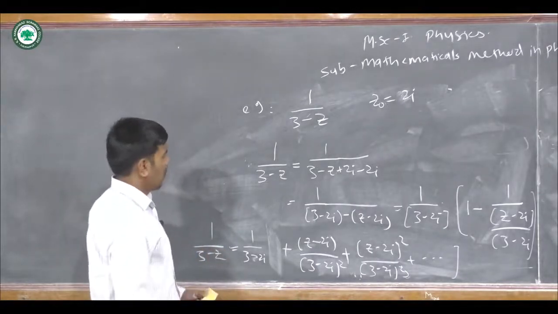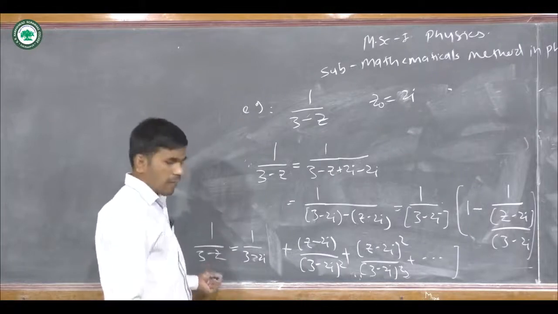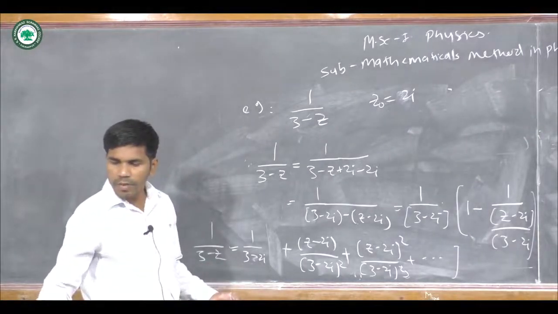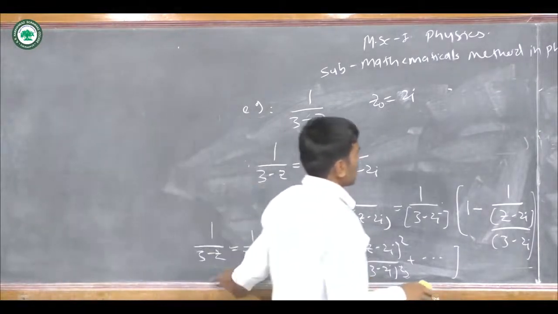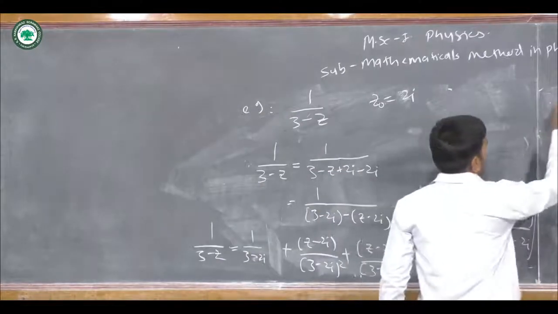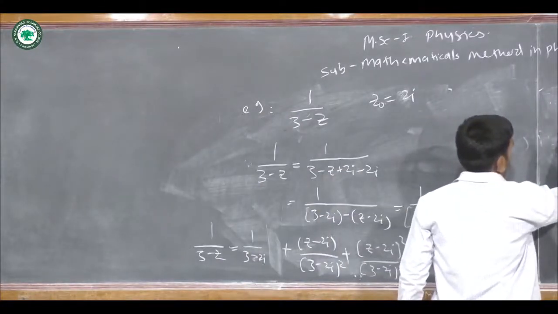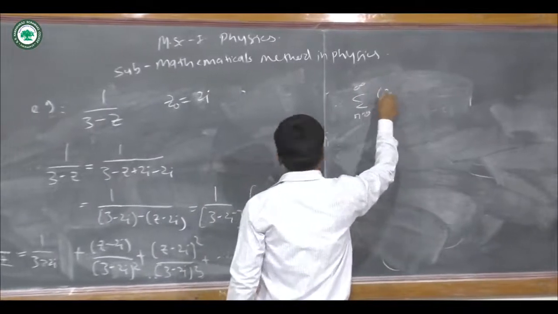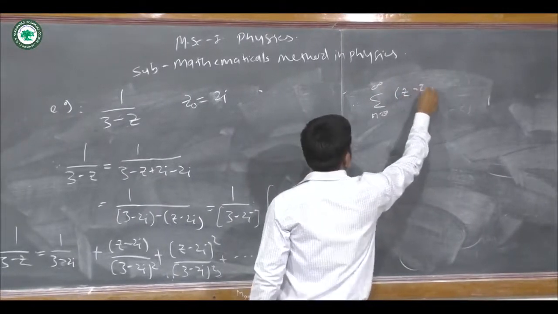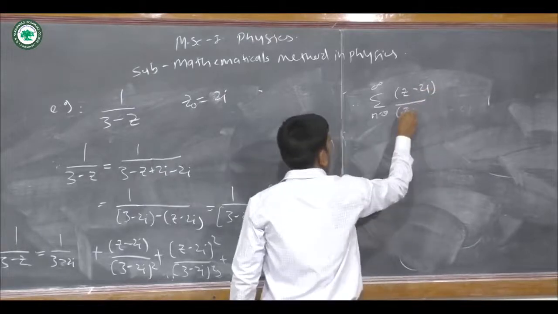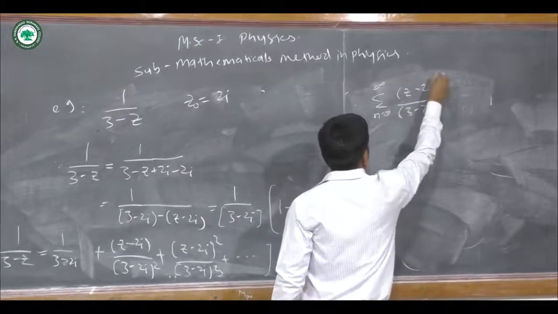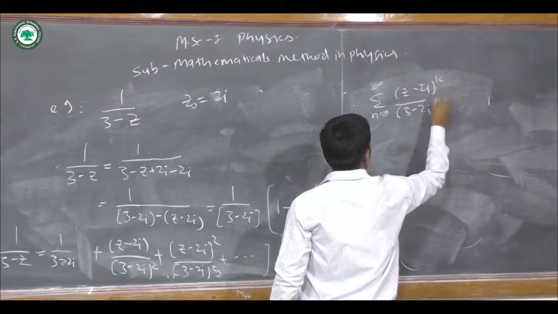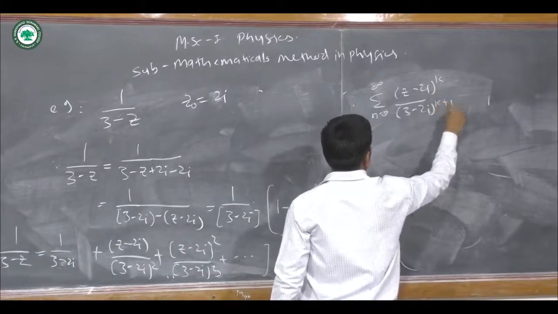Okay, so here, using the radius of convergence, we can write this series as the summation over n equal to 0 to infinity of z minus 2i divided by 3 minus 2i, to the power n, and this is n plus 1.